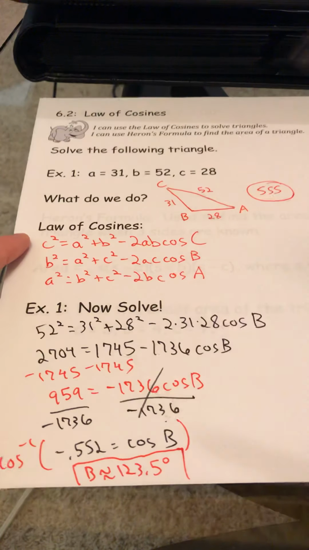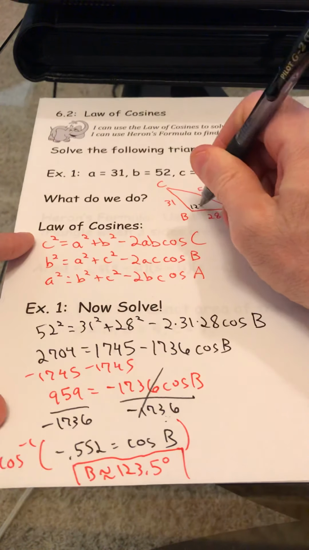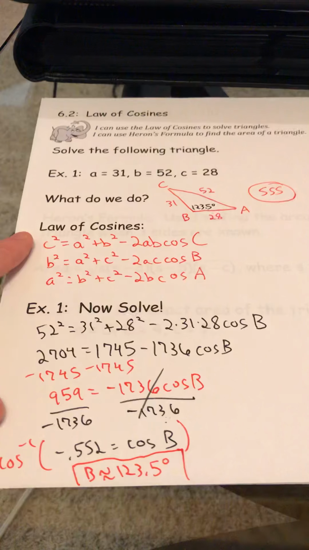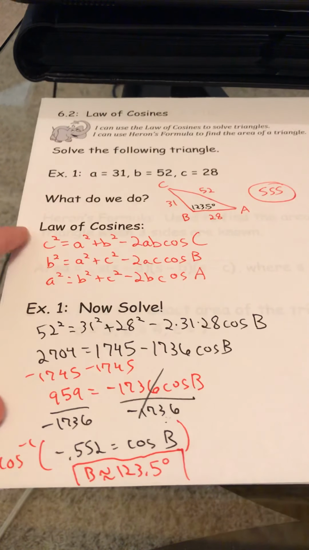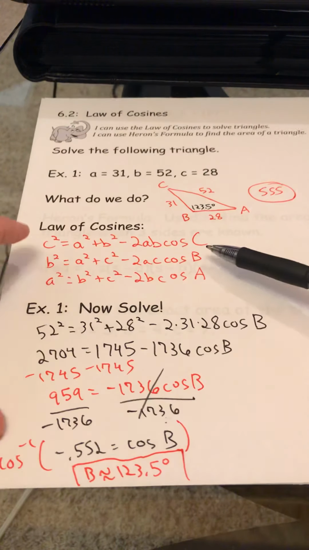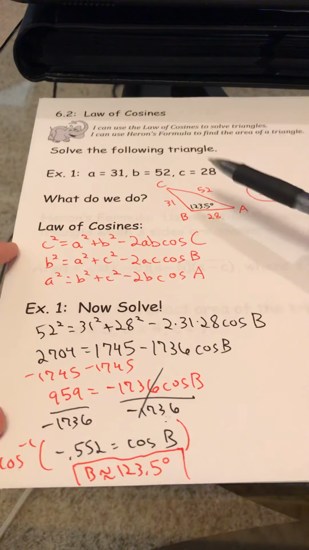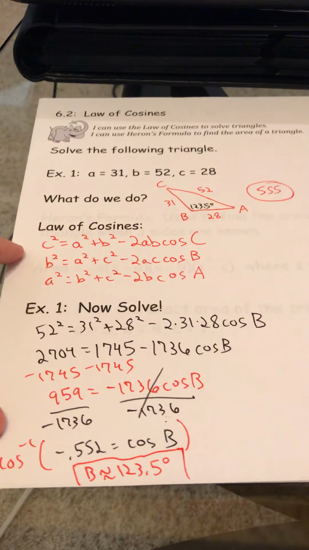To finish solving the triangle, I'll go ahead and put this answer in. Now I can find either A or C. You have two options now. You certainly could do law of cosines again, but that would not be my option. Or I can use law of sines. That's going to be a little bit easier in my opinion.